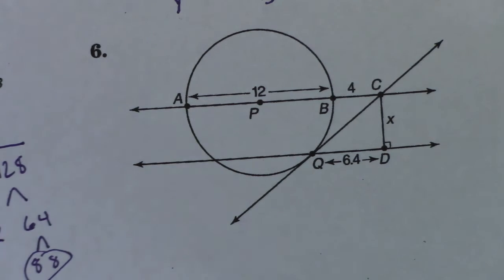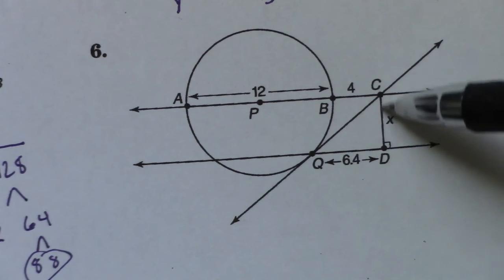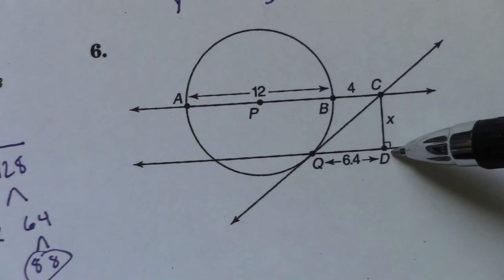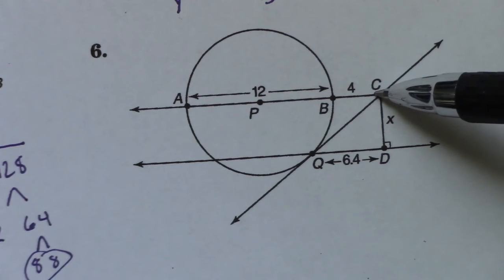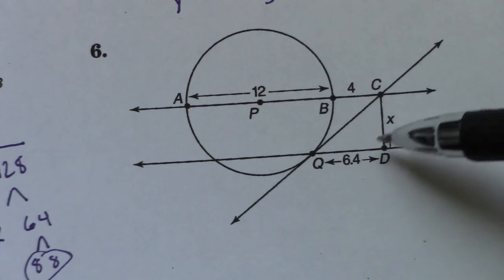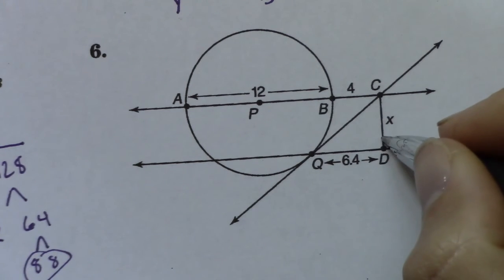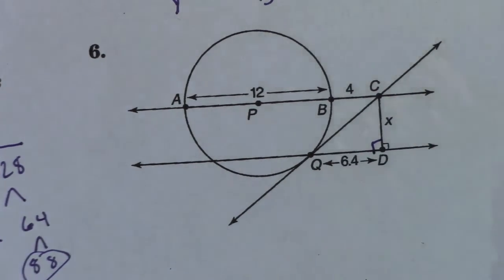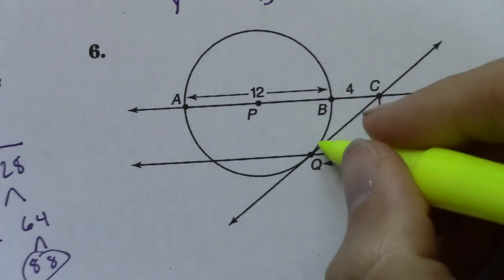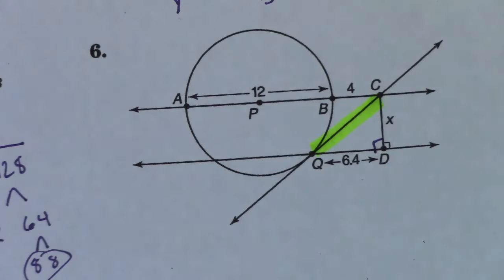So my mind is going here. I know this is a 4. I know this is a 4. Two sides of a right triangle. So the question becomes, if I can find this side, the hypotenuse, then I could just use Pythagorean theorem to find what's left.